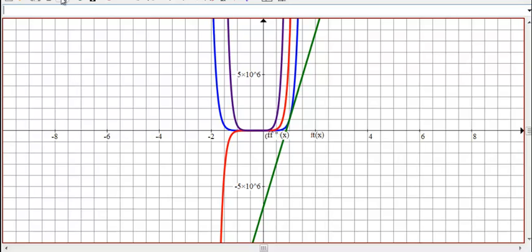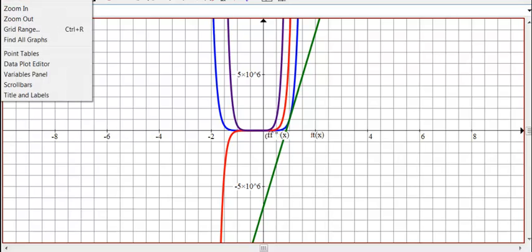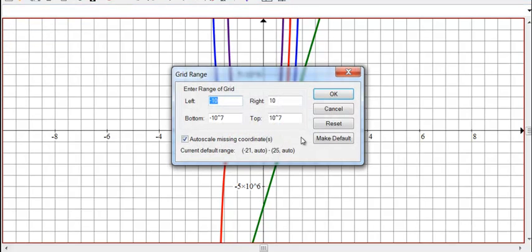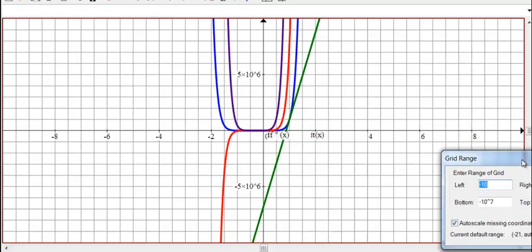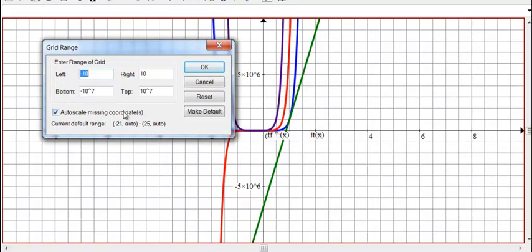Let's see if we can maybe change our grid range just a little bit. I don't think we need to go nearly as far out to the left or right. So let's just go -3 to 3 to find some interesting part of this. And let's see what happens if we just go -1 million, and then maybe go 2 million up here.